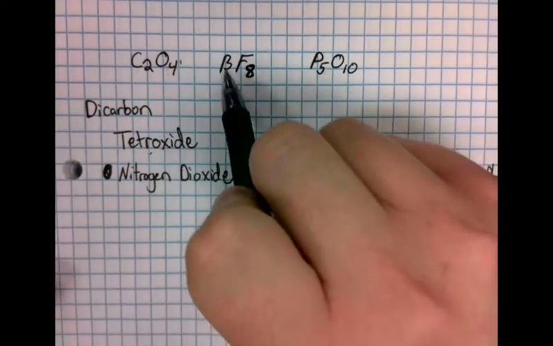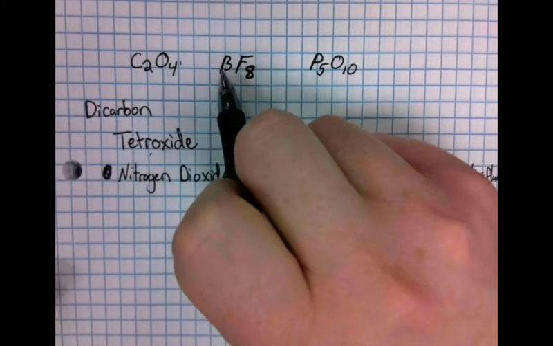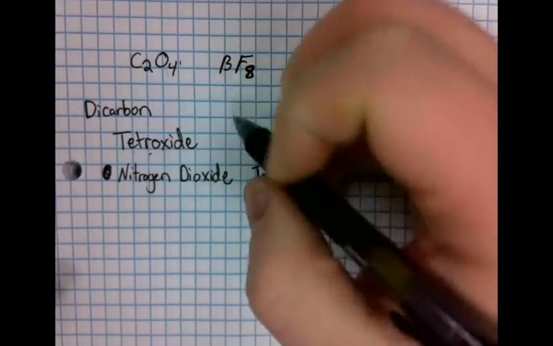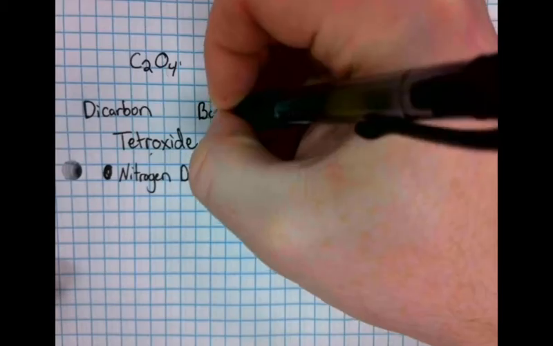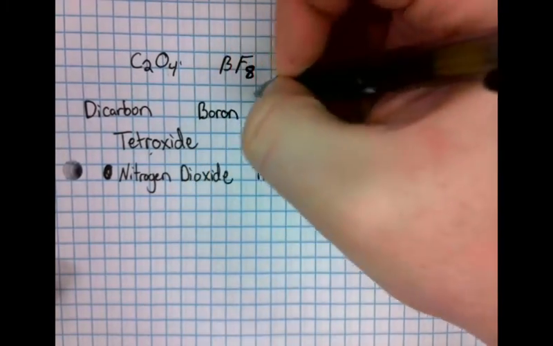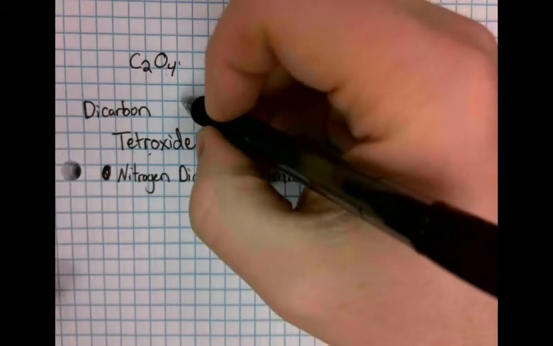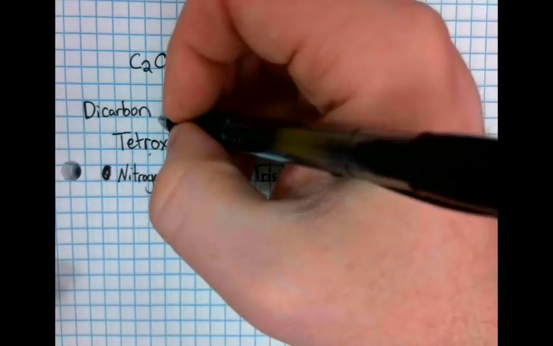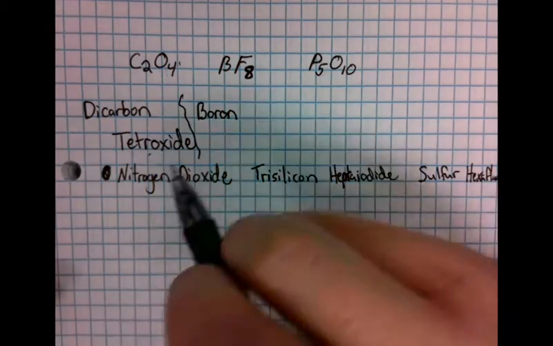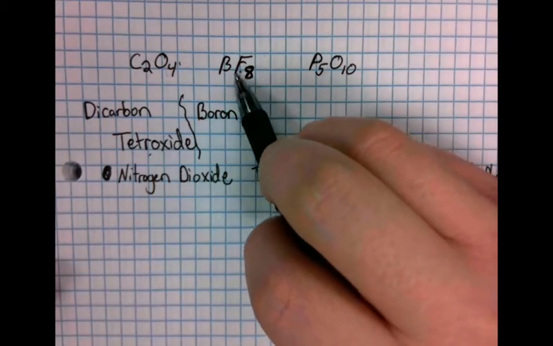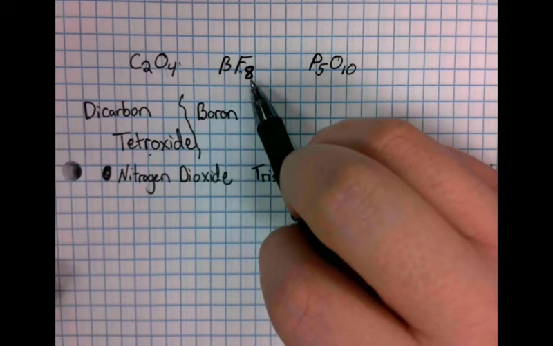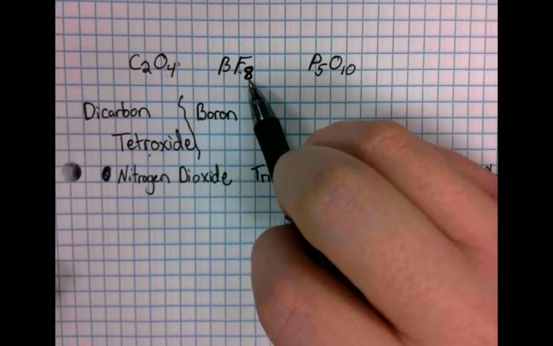Okay, next example, we have B, which is boron, and since there's no number, we don't need to add anything. So we've got boron. Again, I'm going to separate this apart. And then we look at the second piece. That's F, which is fluorine, but there are 8 of them.